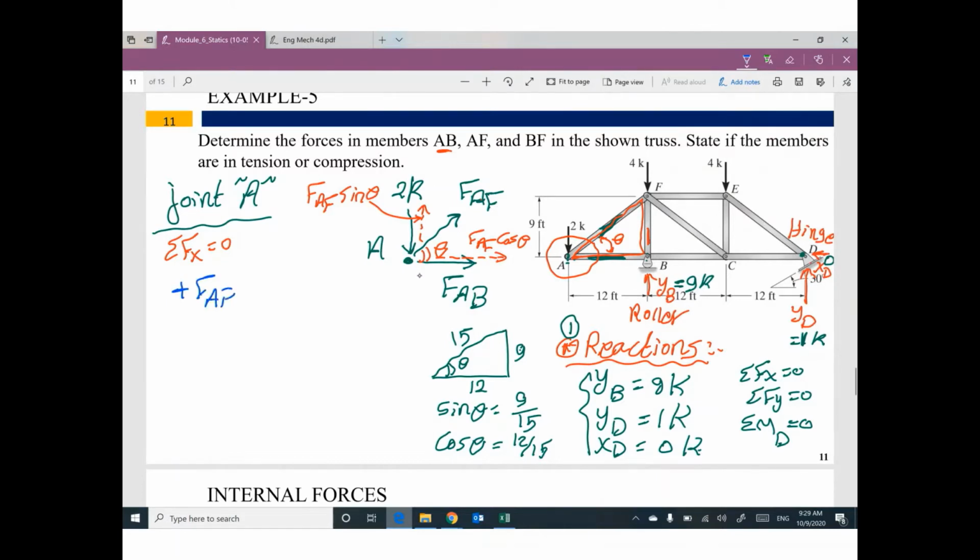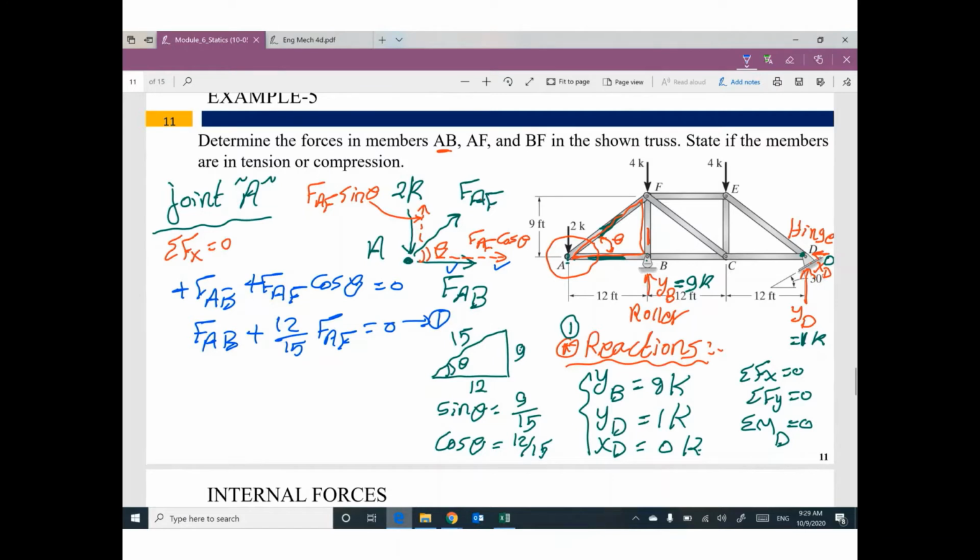We have positive FAF cosine theta. Nothing else. This one and this one equals 0. So FAB plus cosine theta, 12 divided by 15, FAF equals 0. I cannot do anything more.